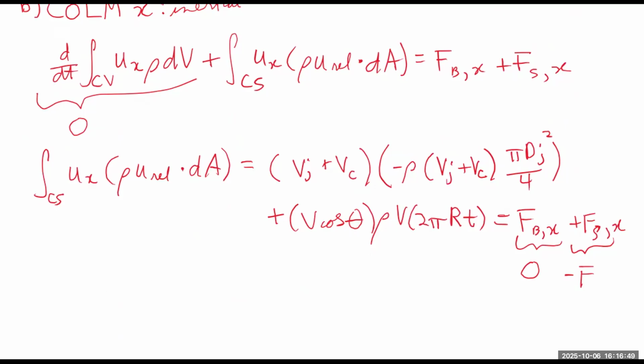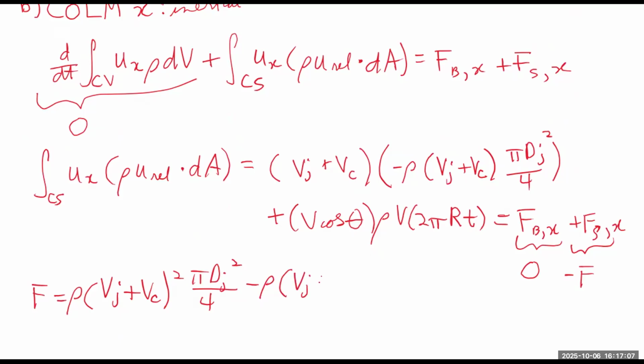So simplifying, we have that F is equal to rho times (Vj plus Vc) squared times pi dj squared over 4 minus rho times (Vj plus Vc) squared times cosine theta times 2 pi rt.